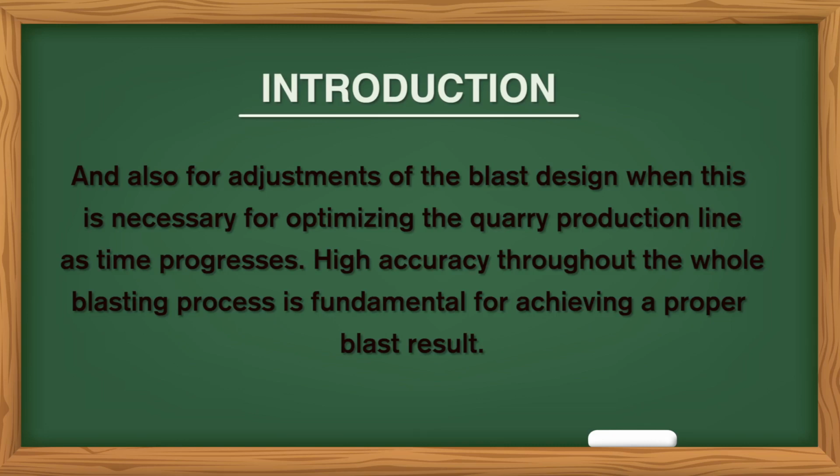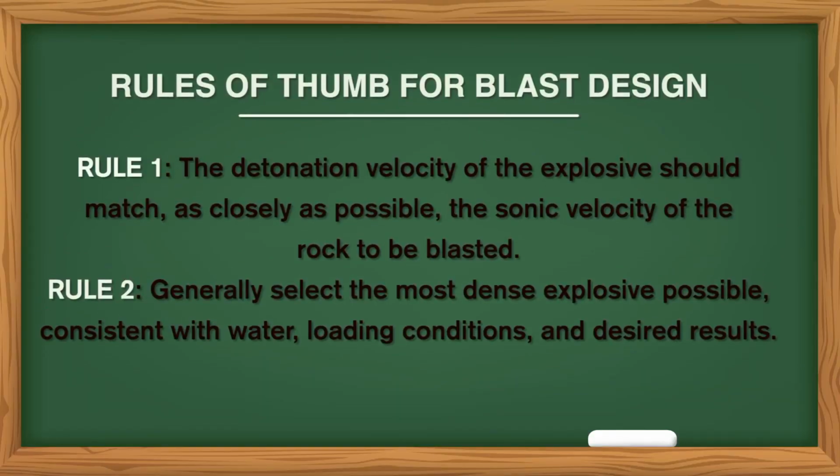High accuracy throughout the whole blasting process is fundamental for achieving a proper blast result. So, rules of thumb for blast design. Rule 1, the detonation velocity of the explosive should match as closely as possible the sonic velocity of the rock to be blasted.